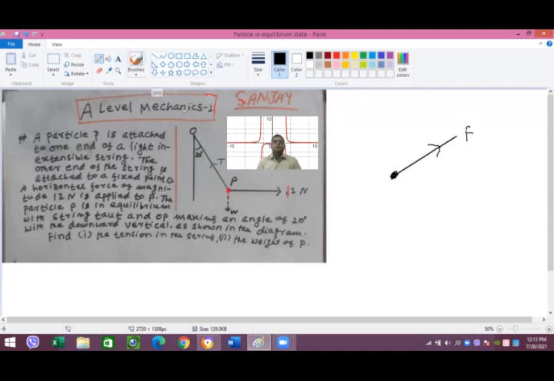You can see the force has two components, one along the horizontal axis, you can also call it the x-axis, and another along the y-axis. Suppose this is the horizontal axis, and let's say this force makes angle theta with this horizontal axis.